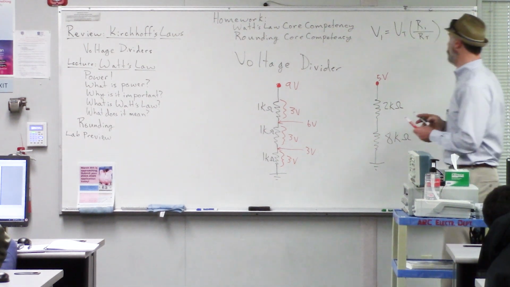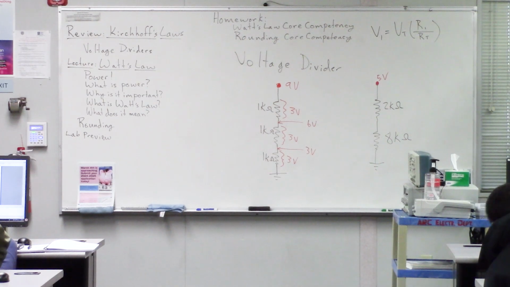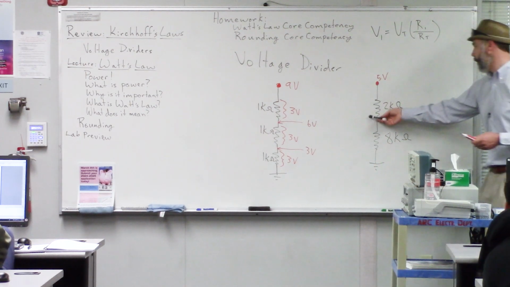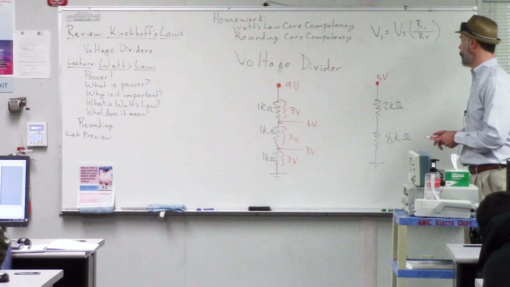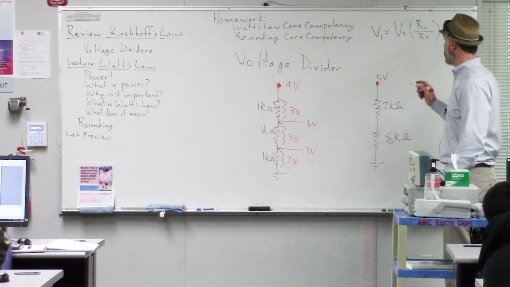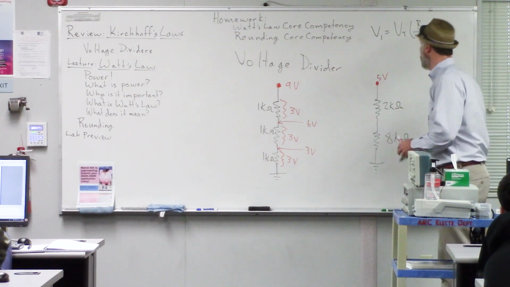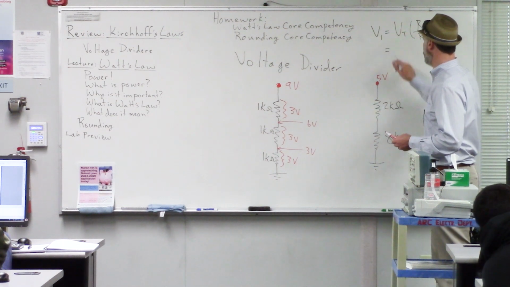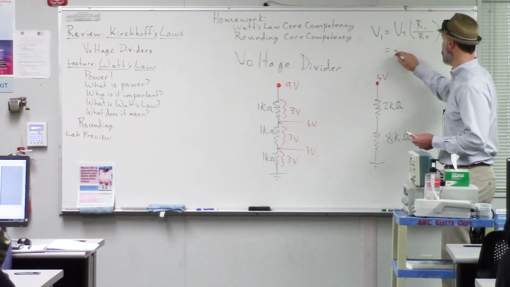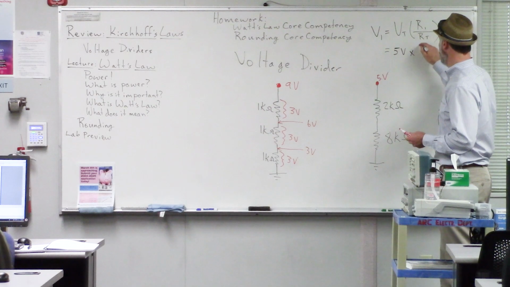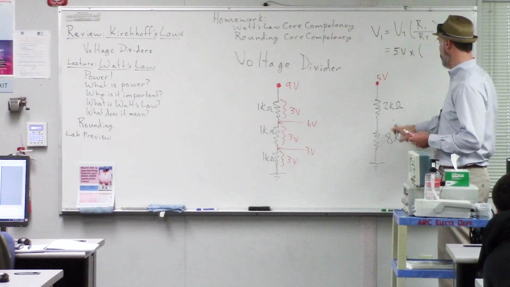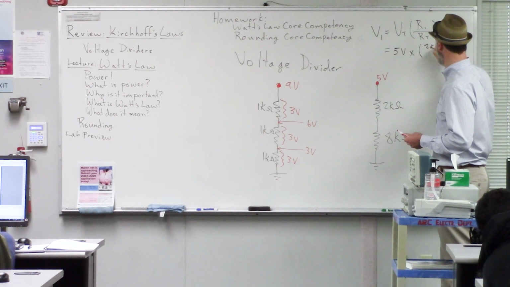Okay? So in this case, we can look at the voltage across this resistor. So we could say V1 equals the total voltage, so that would be 5 volts, times, and then this is R1, which would be 2 kiloohms.